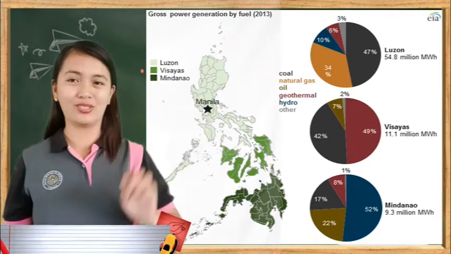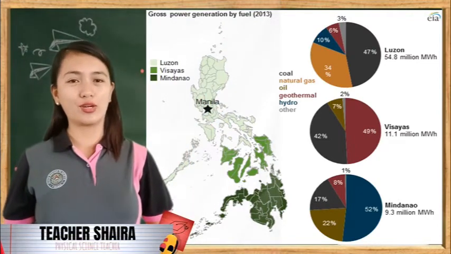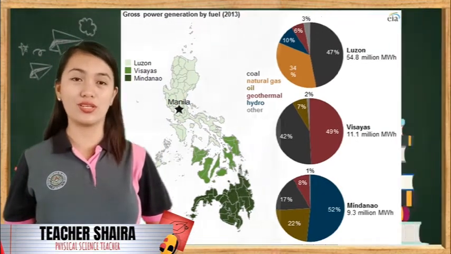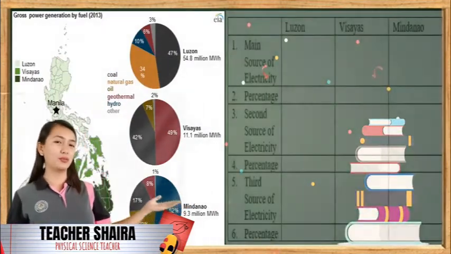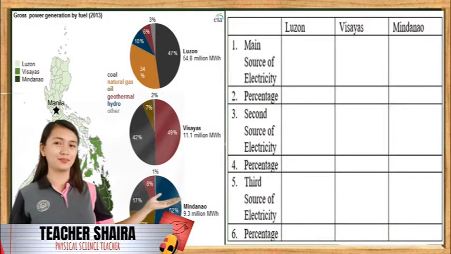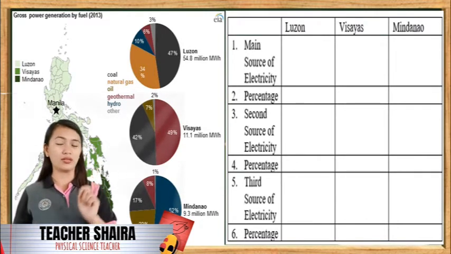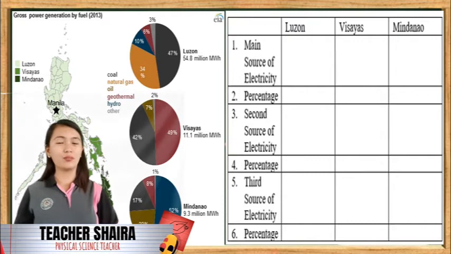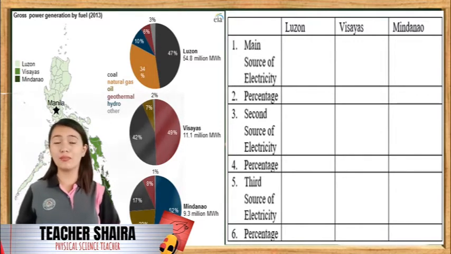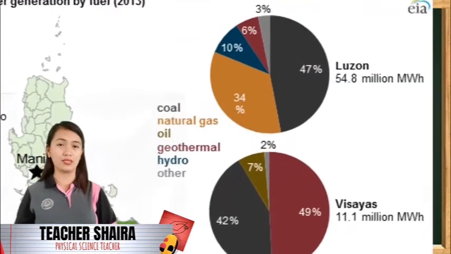Second question. Refer to the diagram of the Philippines' sources of energy and complete this table. Let's answer that one by one. What are the main sources of the 3 main islands of the Philippines?